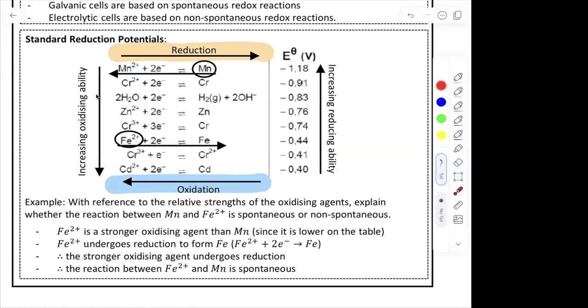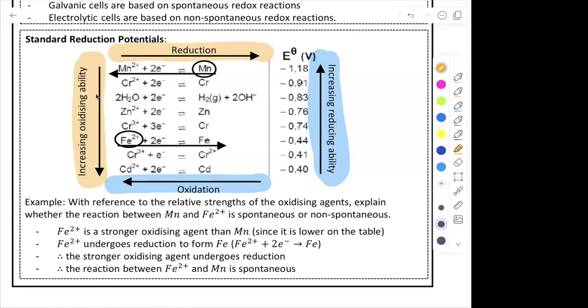And then I mentioned something very important there: increasing reducing ability. When I say increasing reducing ability, that's going up like this, which means things further up are going to be more likely to undergo oxidation. But if I've got increasing oxidizing ability, it means things further down are going to be more likely to undergo reduction, right? Very, very important.